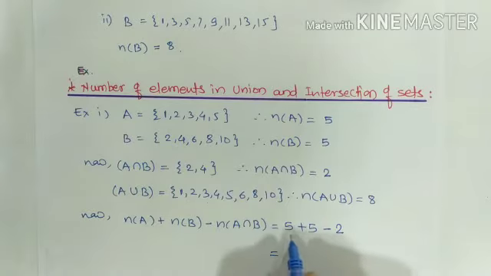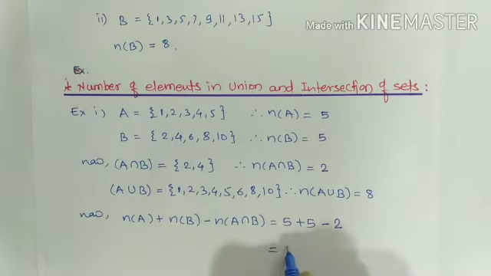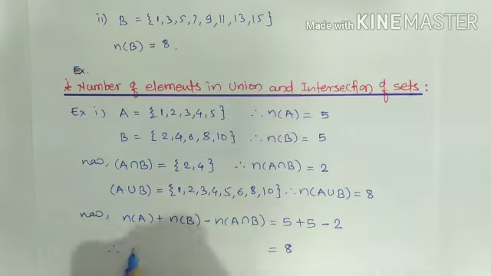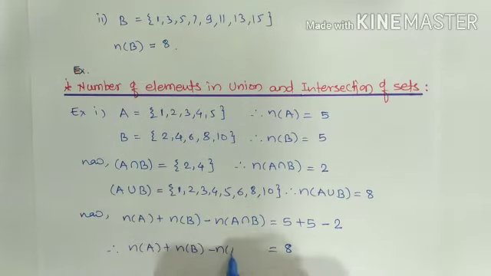That is 5 plus 5, 10, minus 2 equals 8. Therefore number of A plus number of B minus number of A intersection B equals 8.